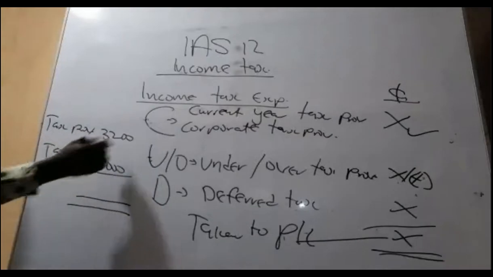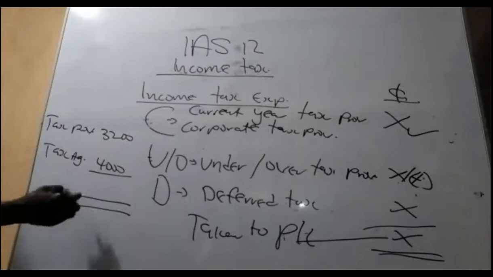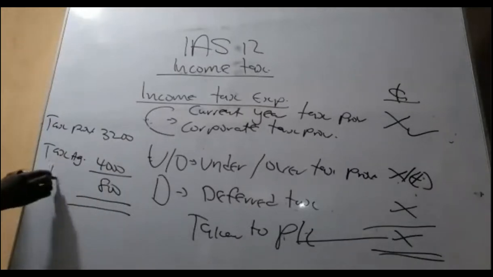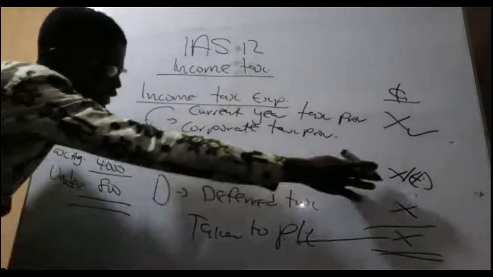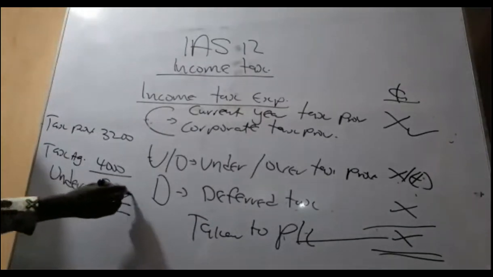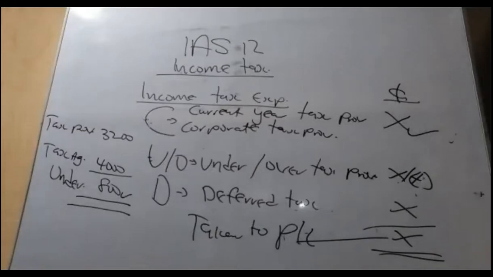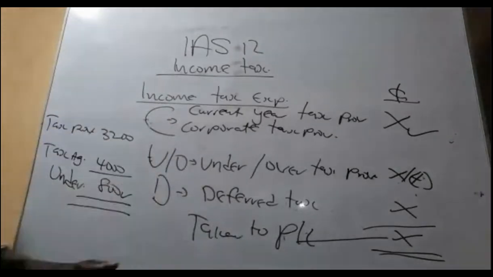Tax provided 3,200, tax agreed 4,000, under, right? So it has been under provided by what? 800. They call it under tax provision. So you come and write it here and you add it to your income tax expense for the year. The difference. Yeah, the difference. The difference of what? The 800 is the under tax provision, which must be added to the C. Then you add the D to it, then you are done. So 3 items. Good. Now let's see.